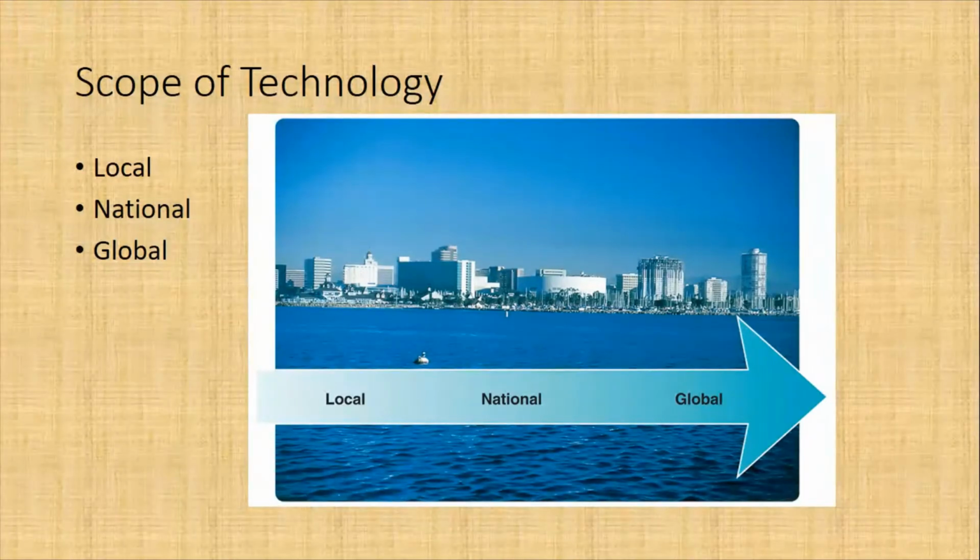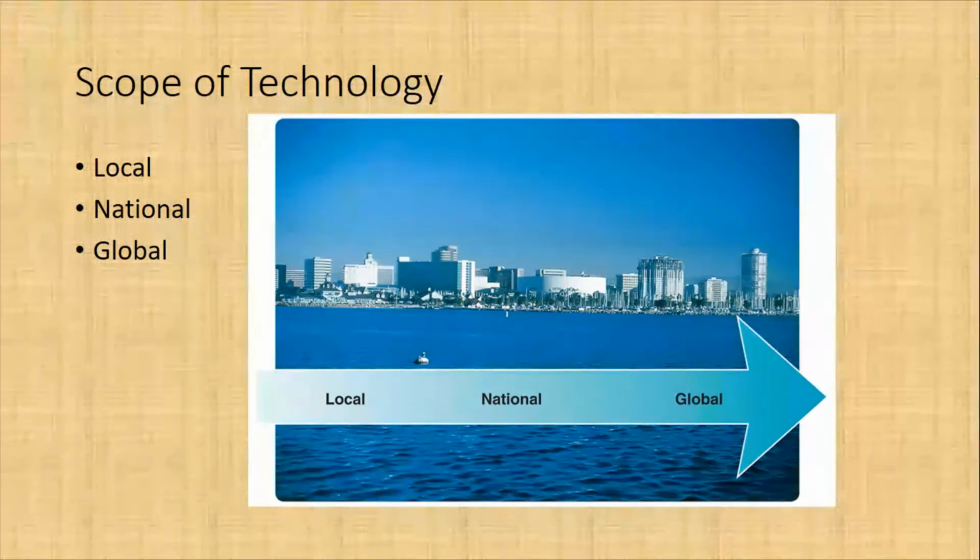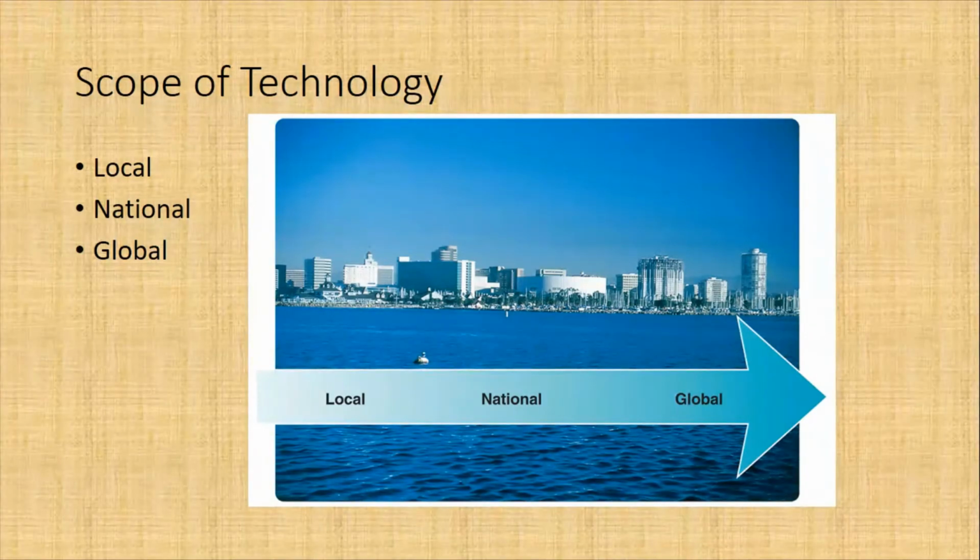But there's a section on your paper that says scope of technology. I want to talk about this a little bit. You'll notice that it says local, national, and global. Again, write this down. Most creations, most inventions that we humans need or want are created at the local level for local needs.